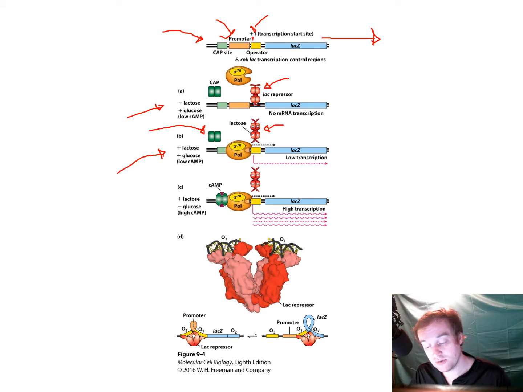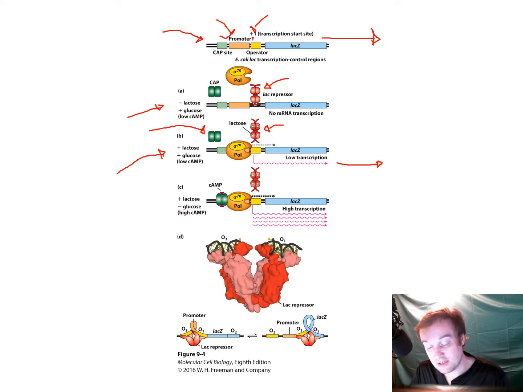So what we get is this kind of medium to low level of transcription of the lactose operon. And the reason for that is we need to kind of start getting rid of a little of that lactose because we don't want it to build up in the environment. But we don't want to go overboard and make a ton of genes for lactose metabolism because it's not as energetically favorable as glucose. So it's more of like a management approach.